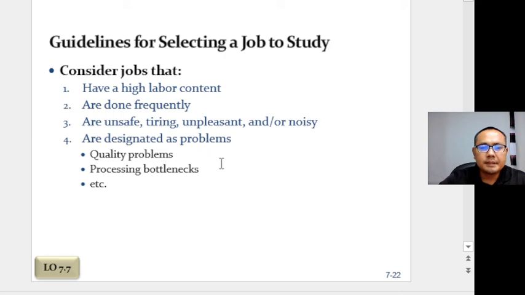And then this is a guideline for selecting a job to study. So we have to consider jobs that have a high labor content, are done frequently, or are unsafe.